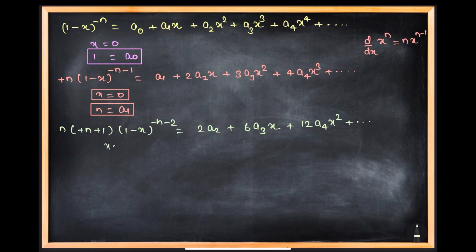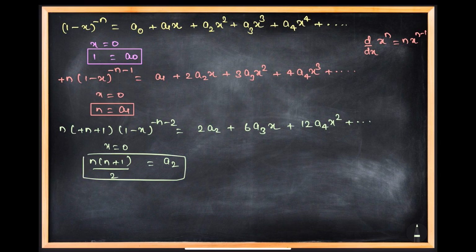Suppose that x equals to 0. So you know it will have n into n plus 1 by 2 as a2. Okay, so hopefully you got your things done till this part. Now can I say that a1 is nC1?